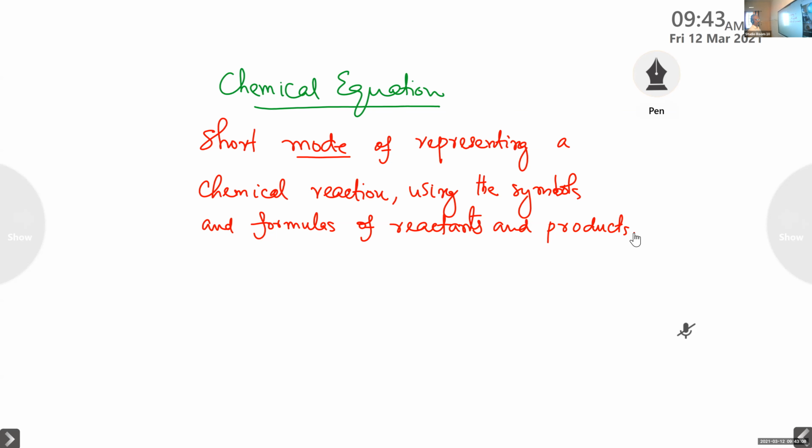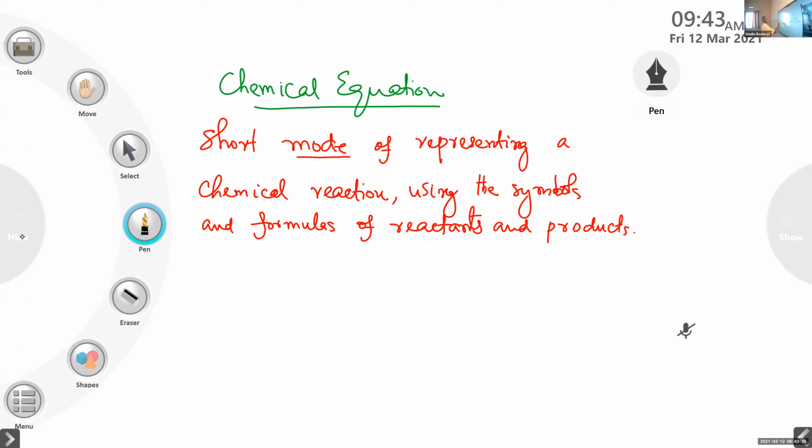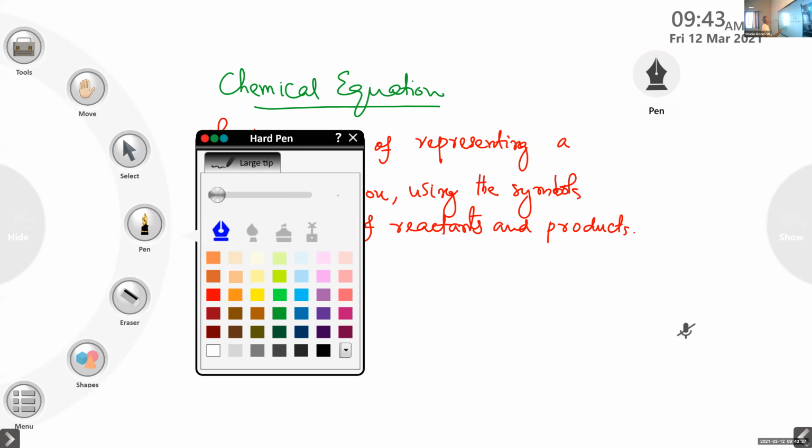In the chemical equation, when we write the formulas and the symbols, we are asked to equate the number of atoms of the reactants and products. If the number of atoms of the reactants and products are equal, then it is called a balanced chemical equation. So the next point is, what is a balanced chemical equation?